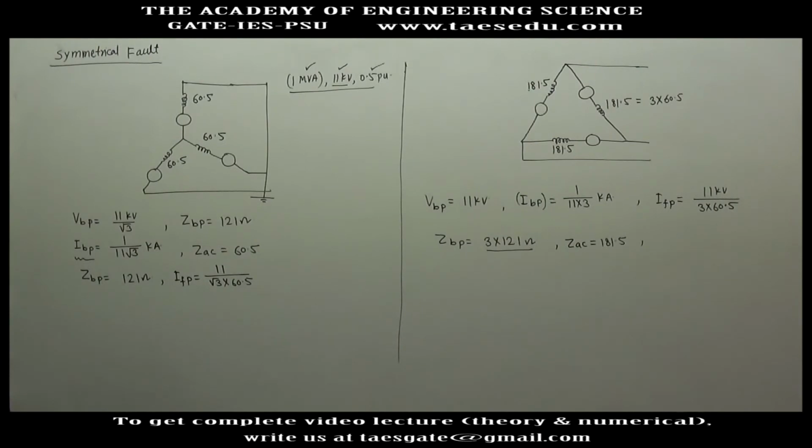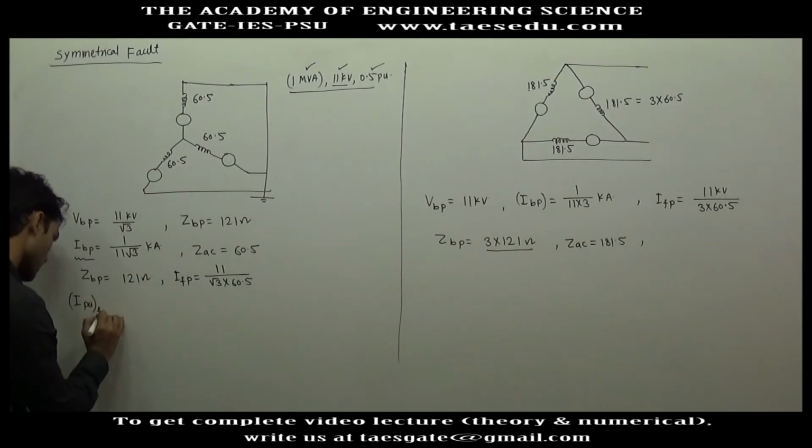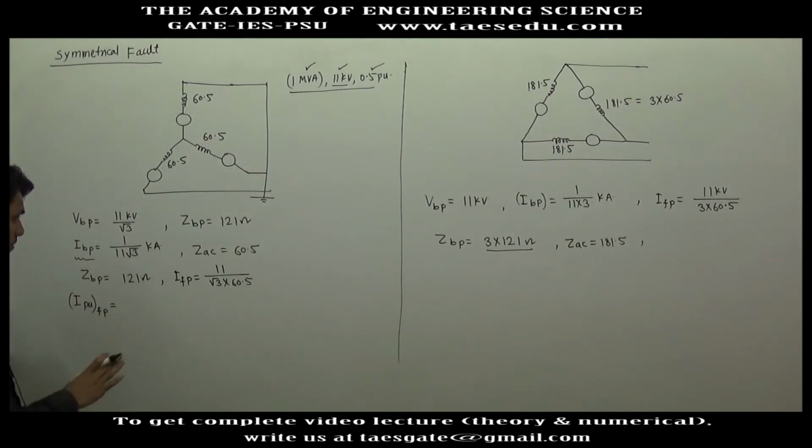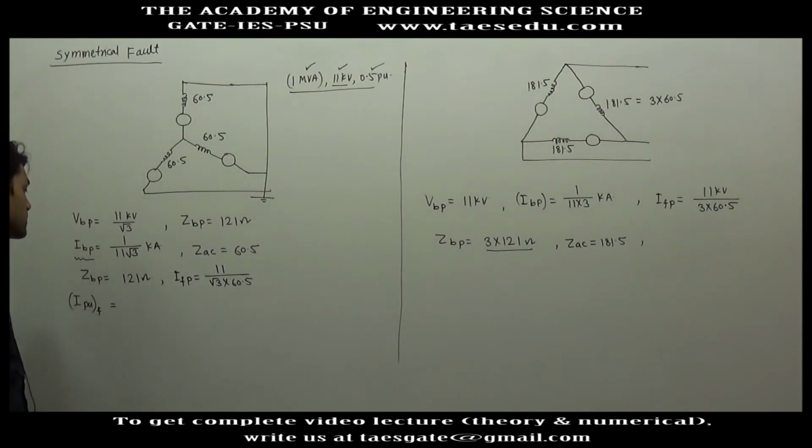Now let us find out the PU value of fault current in phase. We are doing everything for a phase quantity, so if I am not writing anything, it means this is the PU value of fault current in phase.